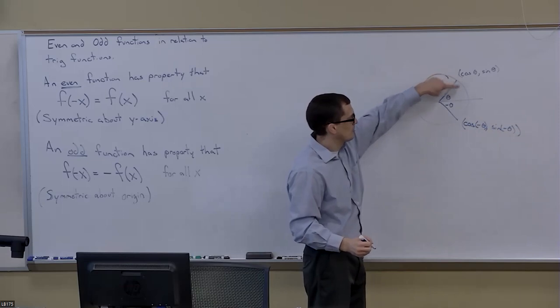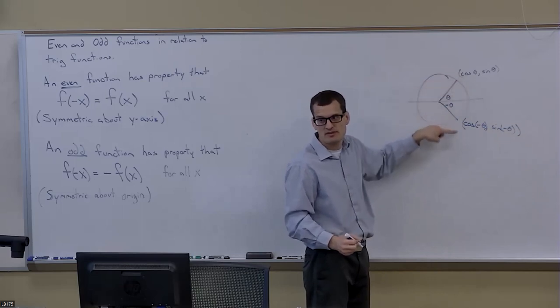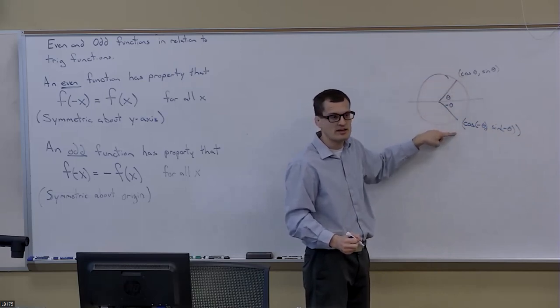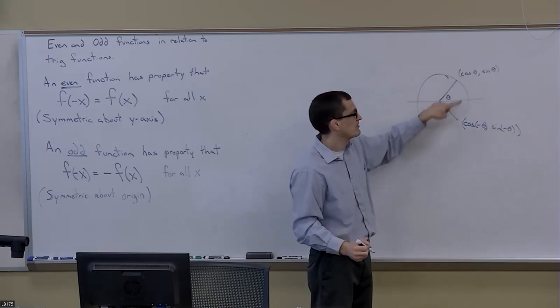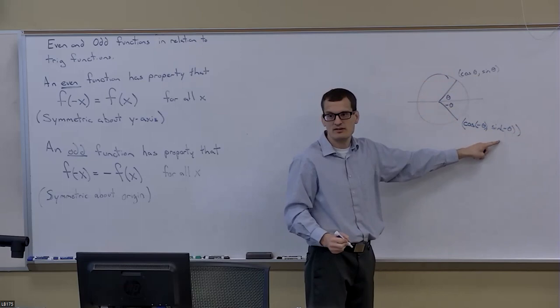What happens with cosines? Those are the same x values, aren't they? Those are the same things. What about sines? Well, those are the y value and the opposite y value.